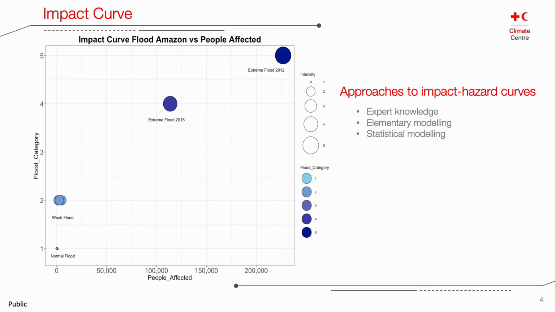In the figure, when there are seasonal floods and wet floods, category 1 and 2 in the figure, the impact is quite low. However, when there are severe floods, such as in 2012 and 2015, the impact related to the affected population increased dramatically.